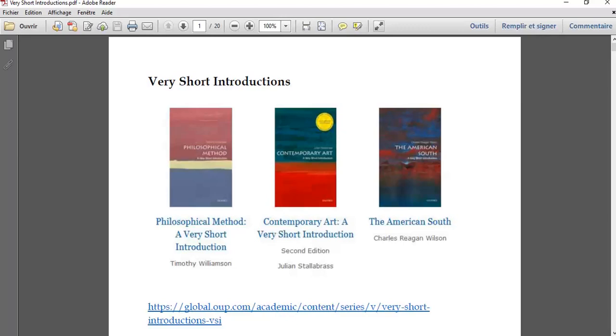So to begin with, here in the first slide, you have an overview of 3 books from the collection entitled Very Short Introductions, and they have been recently released, and I've borrowed this image from the official website of the Very Short Introductions collection. And you have the address here, which you can double click if you want to with the PDF file once you have watched this video.